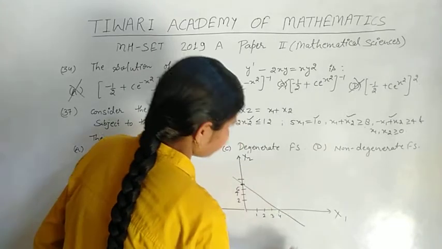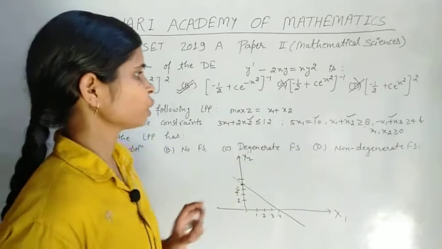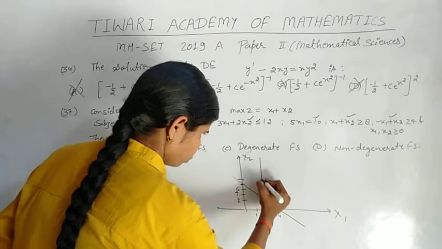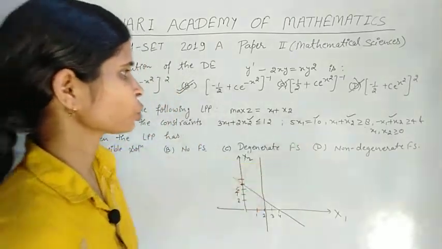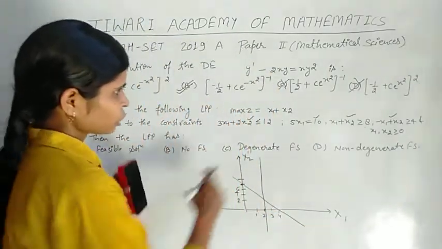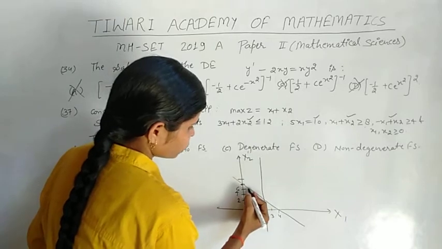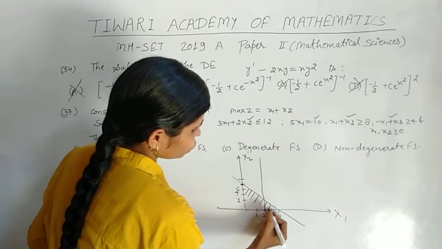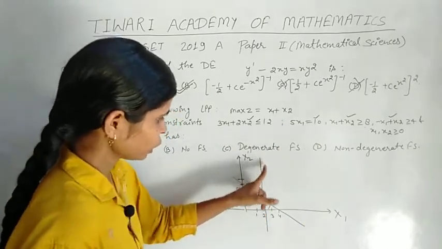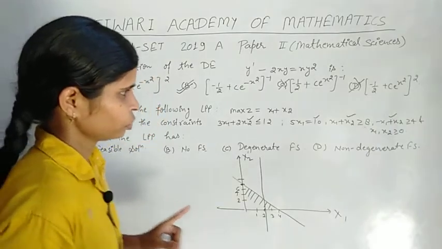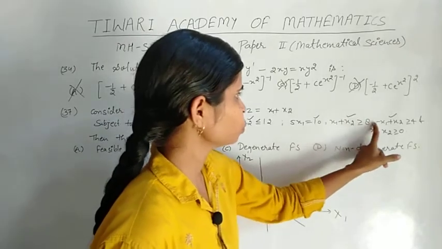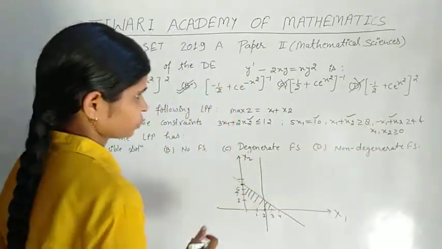This is our line. 5x1 is equals to 10, x1 is equals to 2. x1 plus x2 less than equals to 12 means nearer to origin. x1 plus x2 greater than equals to 8. x1 is equals to 8 and x2 is equals to 8.